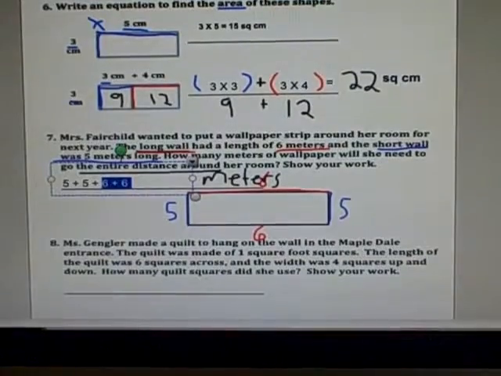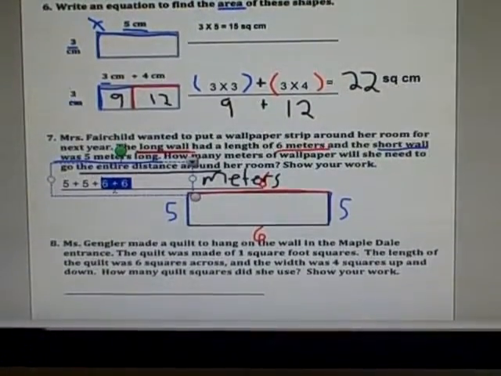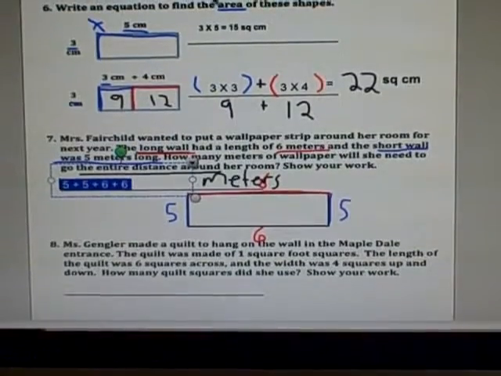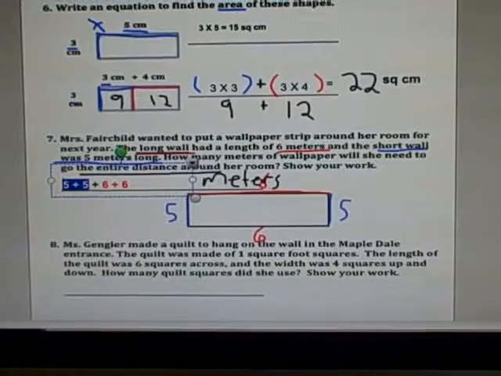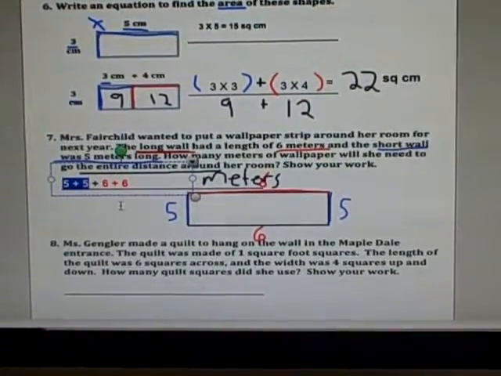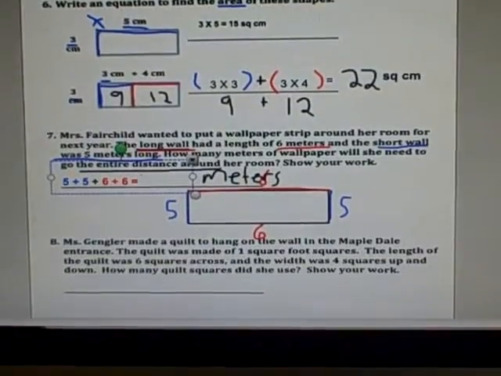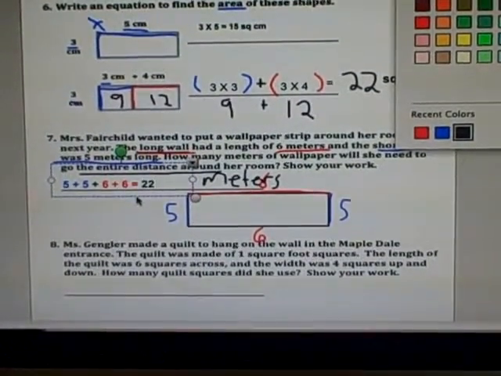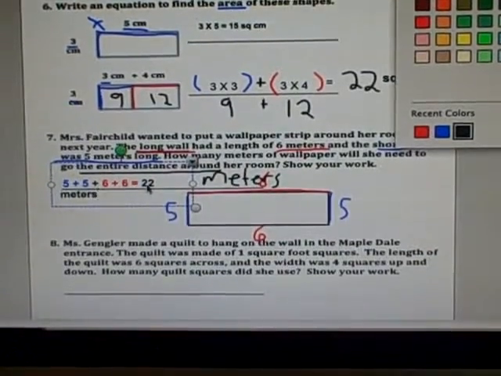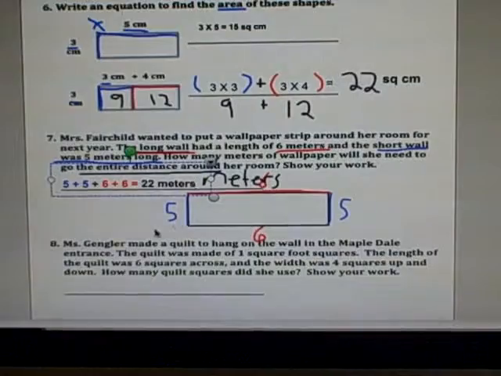The 6 was the red, I think. Yeah. And the 5 was the blue. Okay, so once you add all of your sides together, you should come up with an answer of 22 meters. That's how much wallpaper Mrs. Fairchild needs.